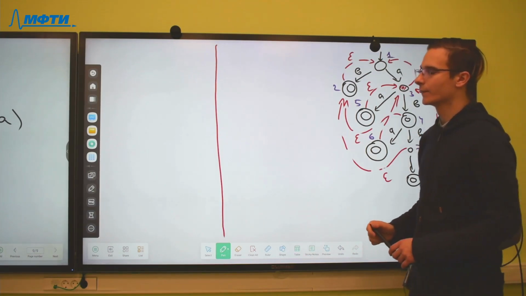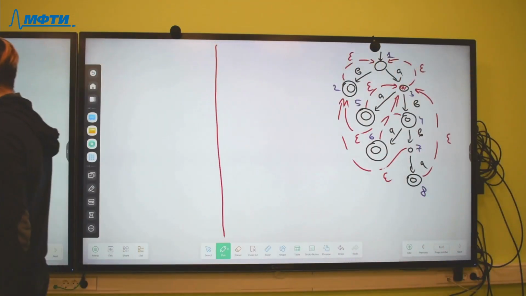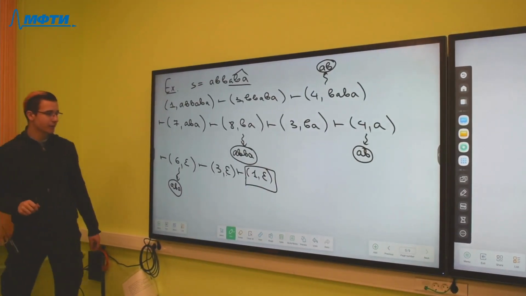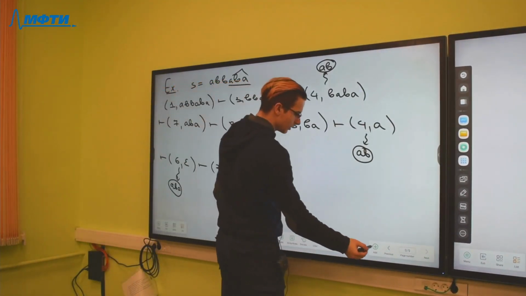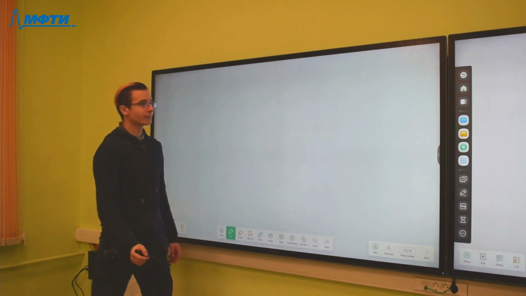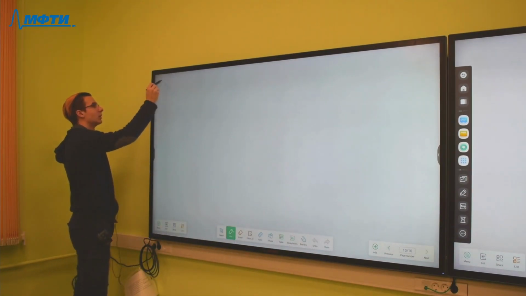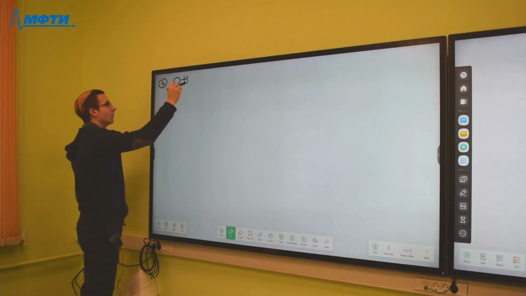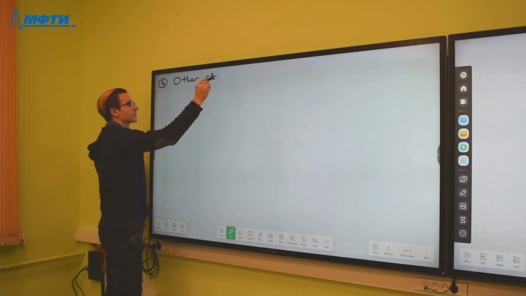So, of course, we end with this configuration. And it is about a heuristic algorithm. And then we talk about other classes.